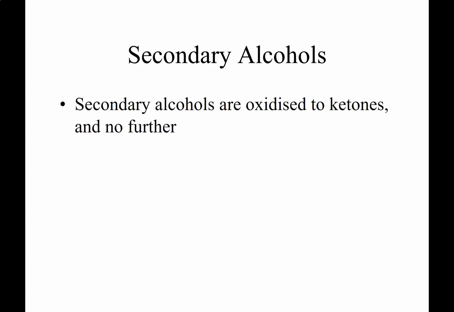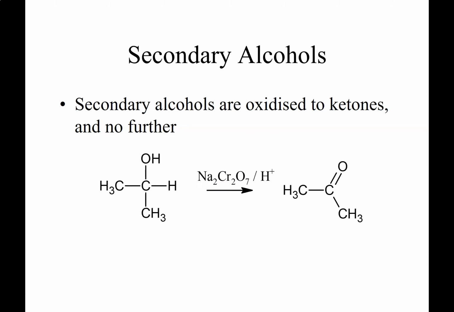If we look at secondary alcohols, in the presence of an oxidizing agent, it's oxidized to a ketone and no further. Again, happens with sodium dichromate as your oxidizing agent, not as a catalyst but as an oxidizing agent.